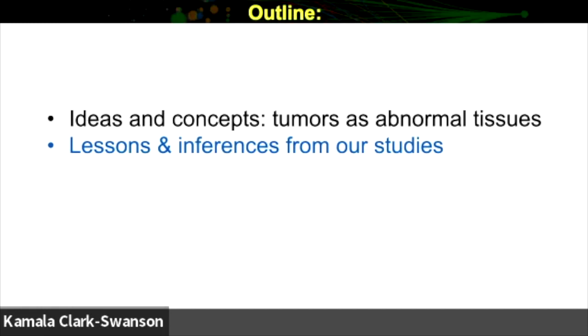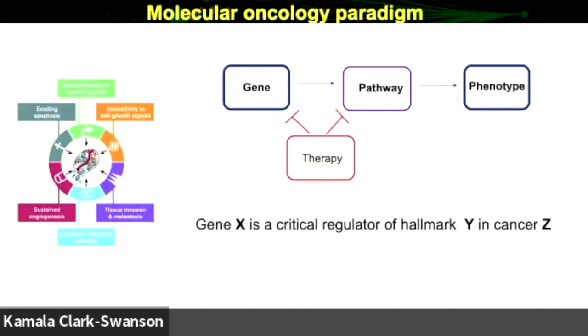My training was in experimental cancer biology, which was and still is dominated by fairly reductionistic molecular oncology paradigms, where you classify the cancer phenotypes based on the hallmarks and try to identify genes and pathways controlled by these genes, with the purpose of developing therapies that could suppress this hallmark and cure the cancers.